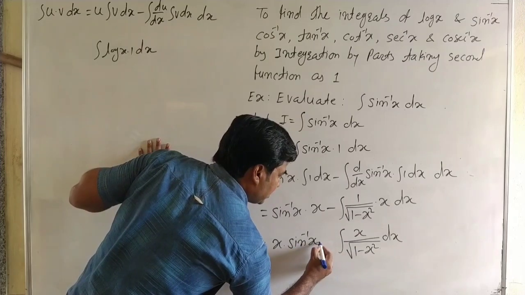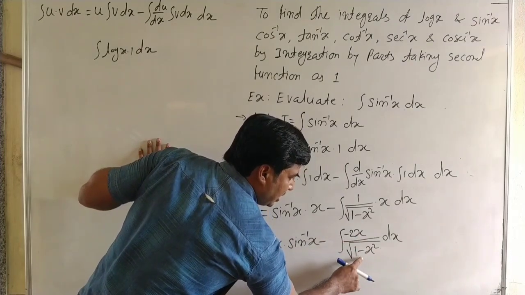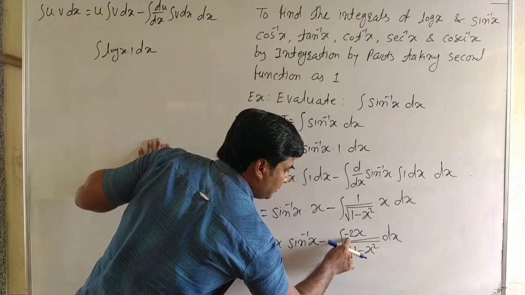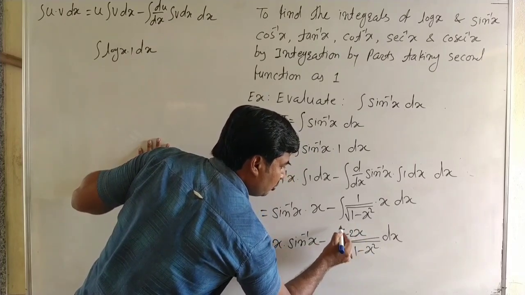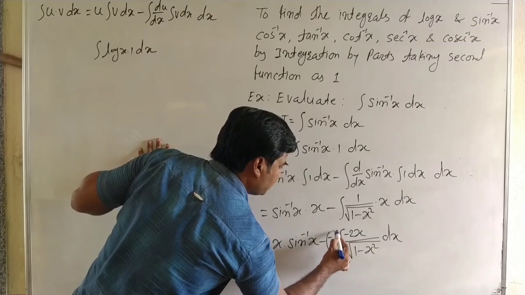We can write minus 2x, which is the derivative of the quadratic function. But here it is only x, so we multiply by minus 1 by 2. We can write here minus 1 by 2.